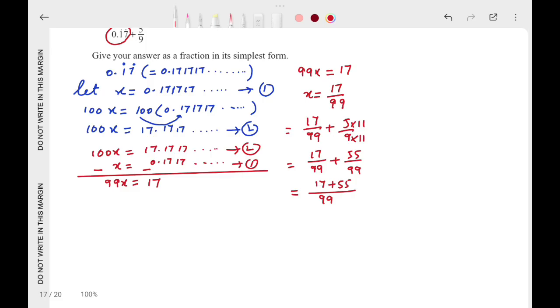After adding them, 17 plus 55, it would be 72 over 99, and both are multiples of 9, so we divide the upper part by 9 and the lower part by 9 as well. So 8 over 11 would be the final answer.